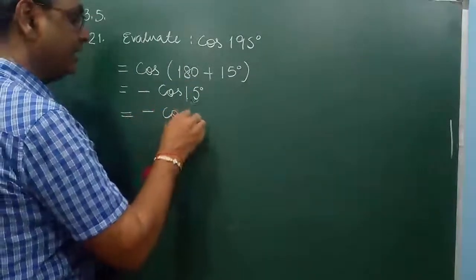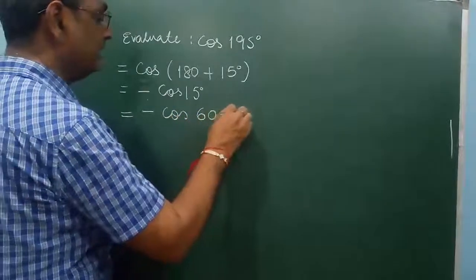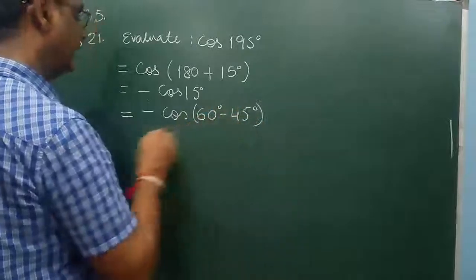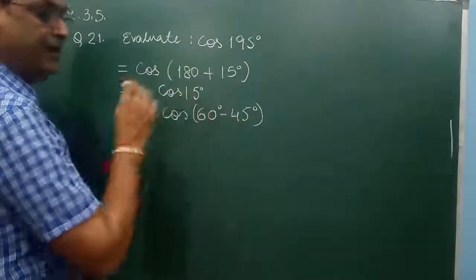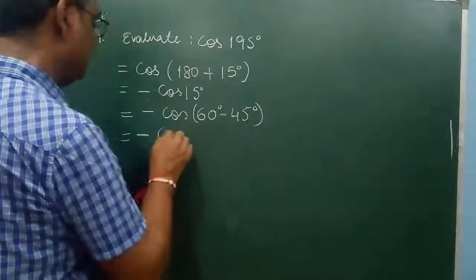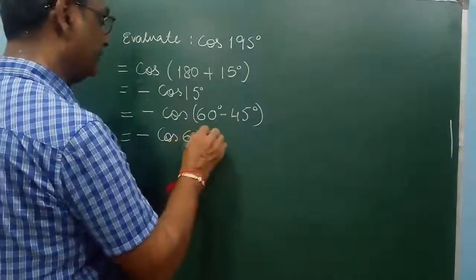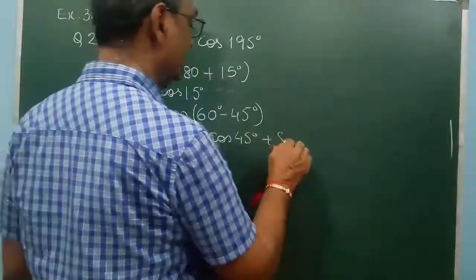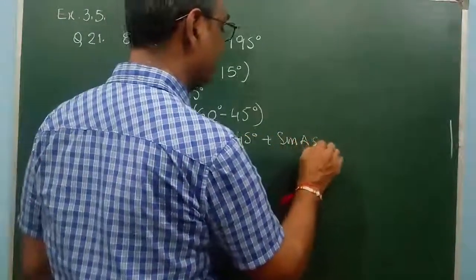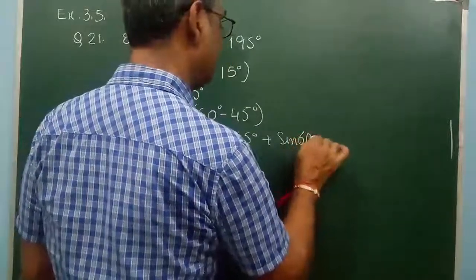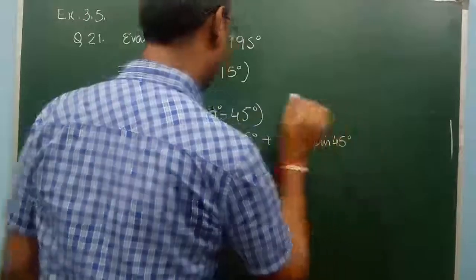Again we write 15 as 60 minus 45 degrees. Here we have to use the formula cos of A minus B, which is cos A cos B plus sin A sin B, where A is 60 and B is 45 degrees.